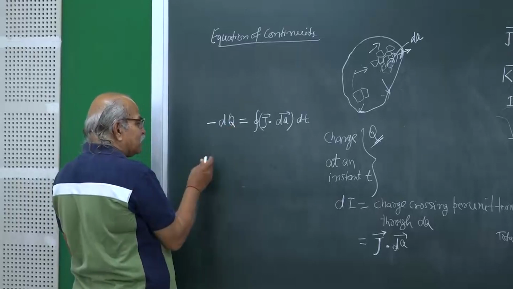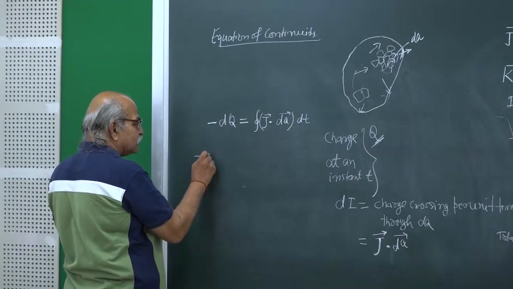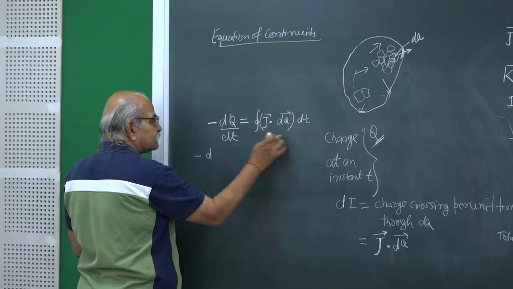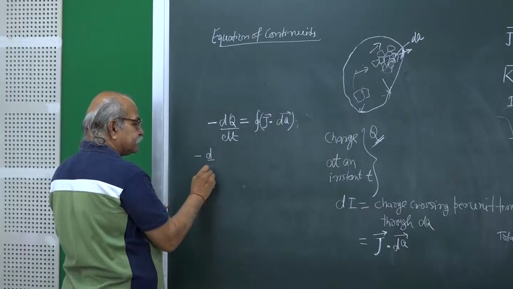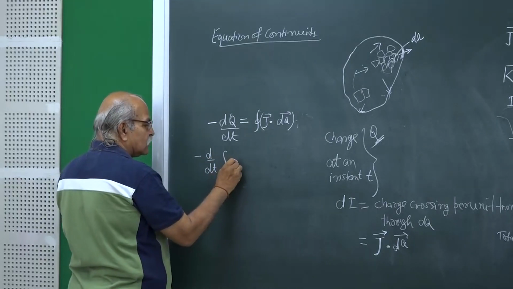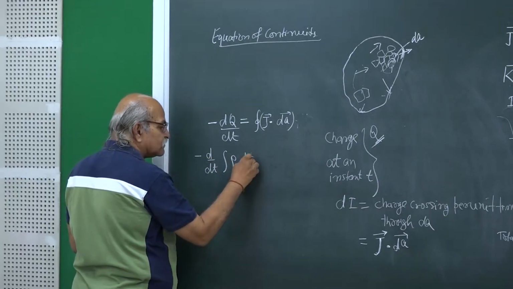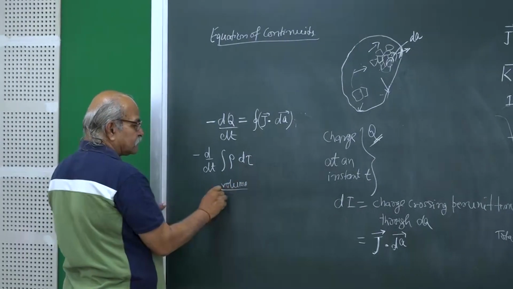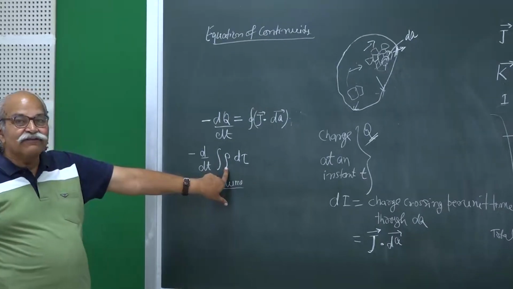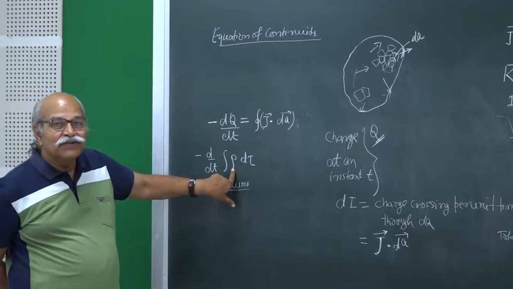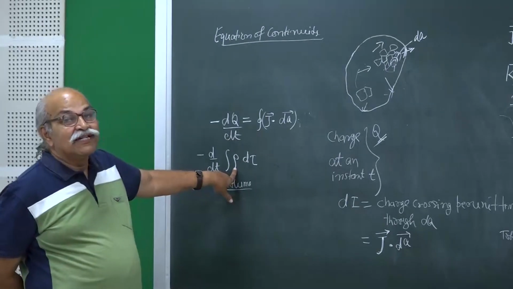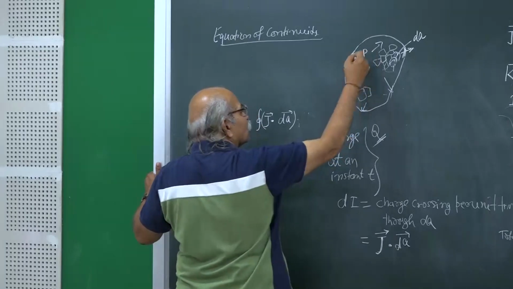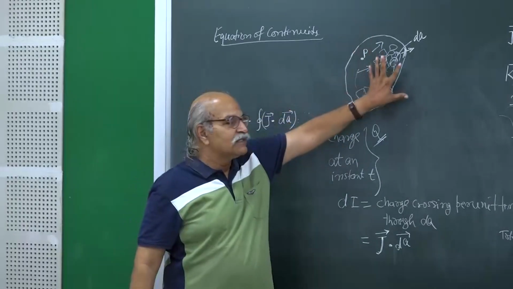Now, q itself can be written as, what is q? Q is rho d tau integrated over the entire volume. See, rho is the volume charge density, charge per unit volume. So if at this point your charge density is rho, it may not be uniform in this entire volume.